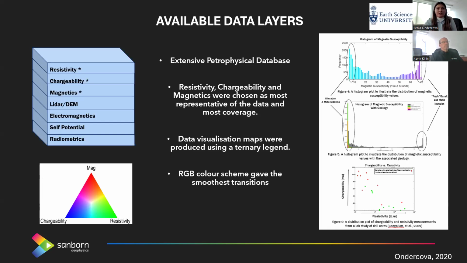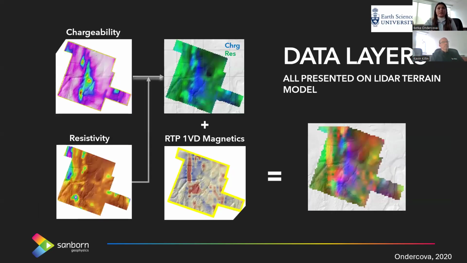But to get there, we first had to create these visualizations. Each data parameter was scaled, converted into 256 byte scales to ensure consistent ranges. We first imaged just the chargeability and the resistivity to get this green-blue image, as you can see, and then we moved on to include magnetics.